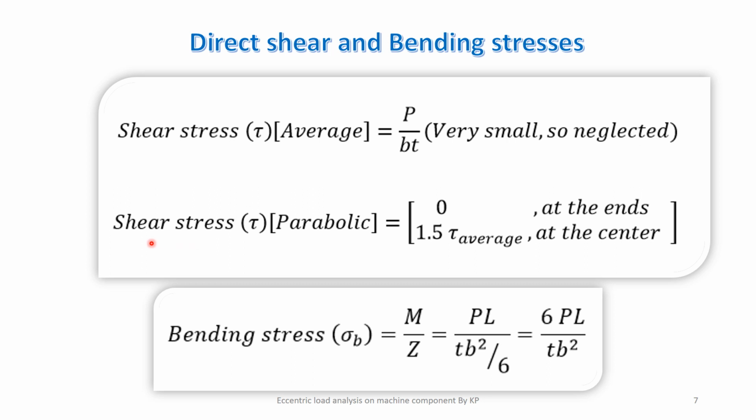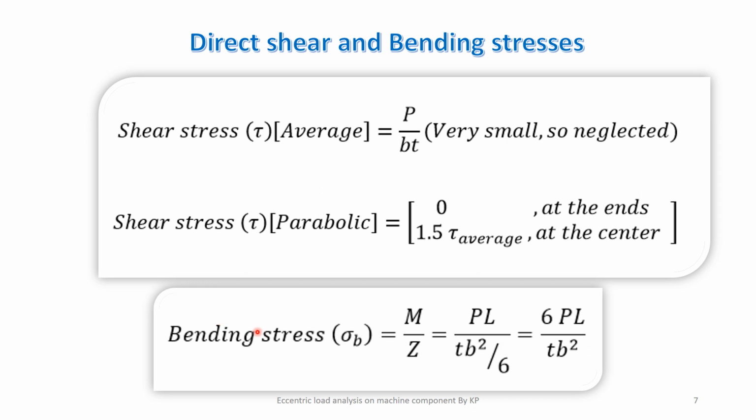If we take the actual variation of shear stress, that is parabolic in nature, we call this tau actual, which is 0 at the ends and maximum at the center, that is 1.5 tau average, where tau average is P divided by BT. While this average shear stress is very small, we can neglect it while considering the net value of these stresses at points C and D.